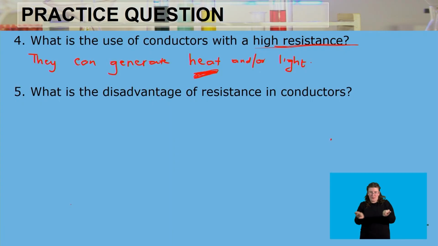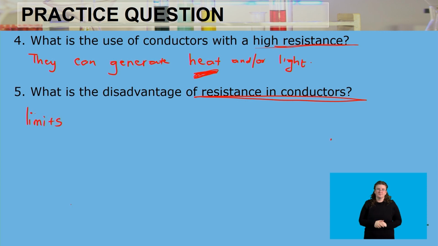Now, what is the disadvantage of resistance in a conductor? The resistance in conductors limits the flow of current.